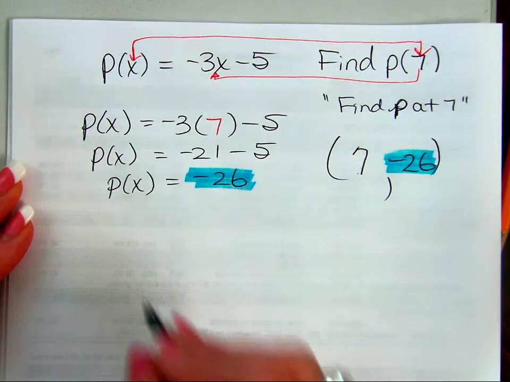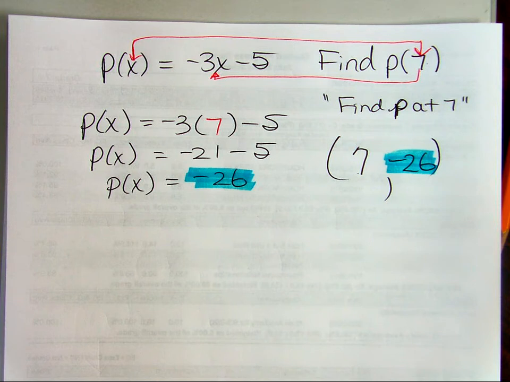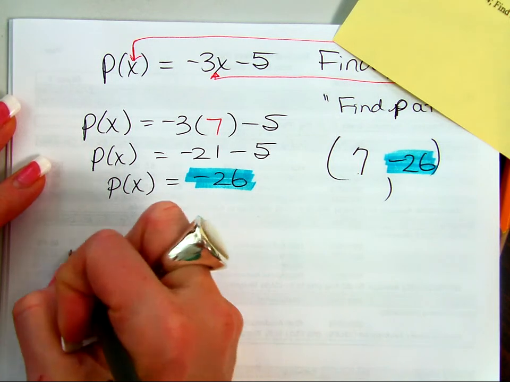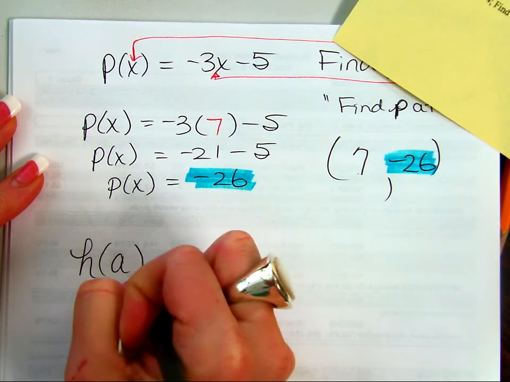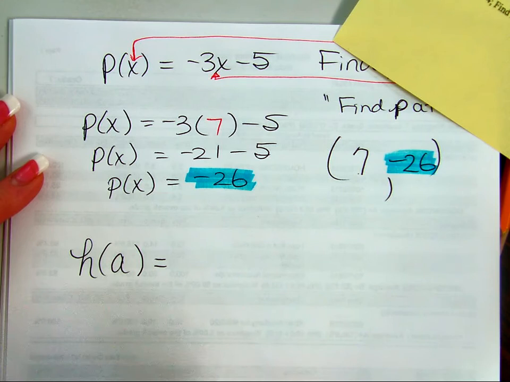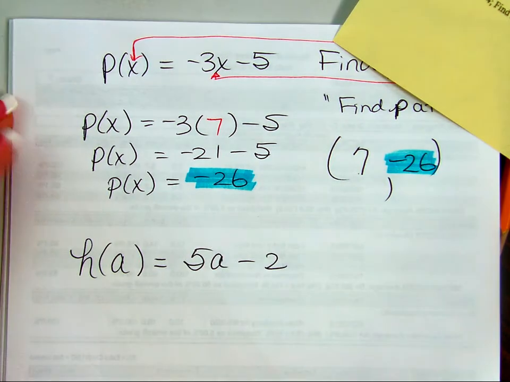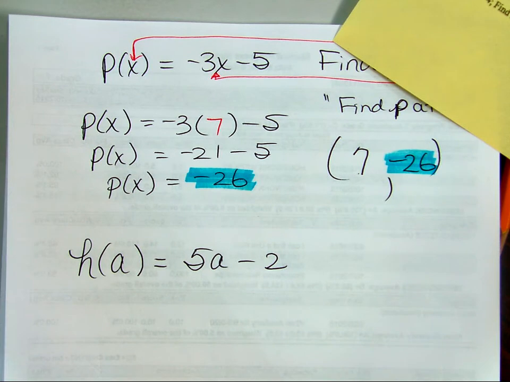Let's do this. And you're going to have one that could be a little confusing. So I'm going to do, you have 3 like this on your worksheet. It'll say H of A equals 5A minus 2. So now I know what you're thinking. Where'd the X go?